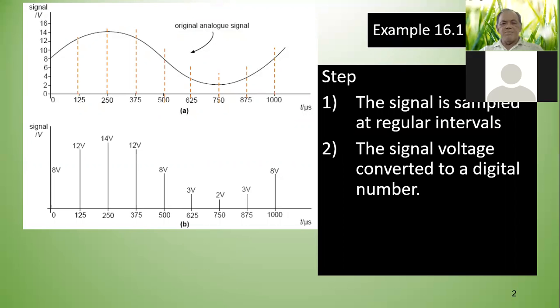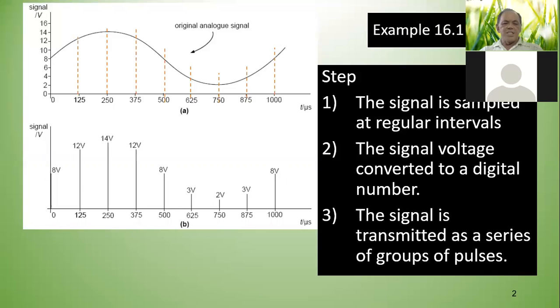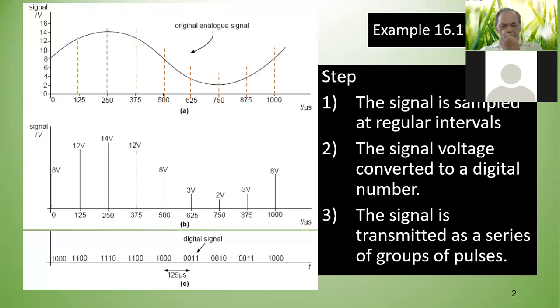Then each value we convert to voltage, and the signal voltage is then converted to digital, and then it's transmitted as a series of pulses. Today's lecture will be using electronics to do it.